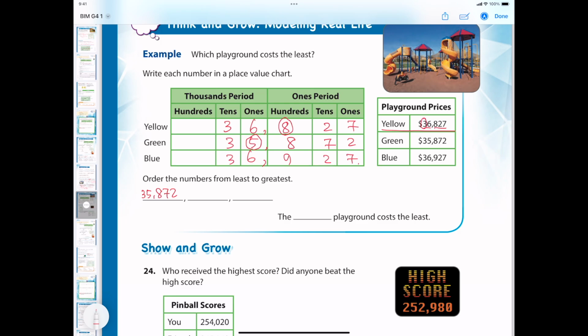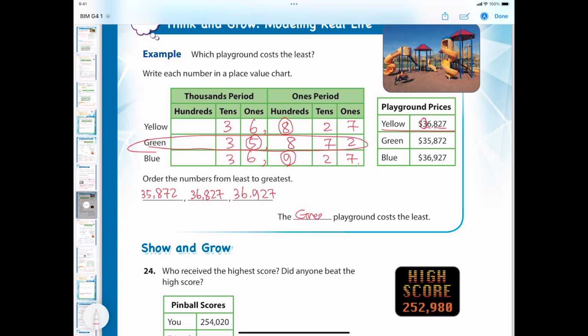It has what? 800 compared to 900. Which one has greater value? Of course, 900. So I'm going to write blue has the greatest value, which is 36,927. So automatically yellow, 36,827, is going to be in the middle. So which playground costs the least? Yes, the green one.